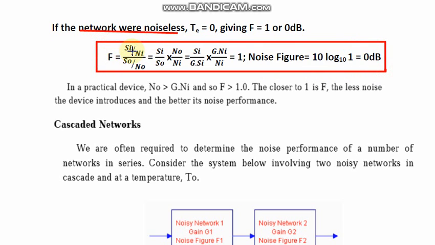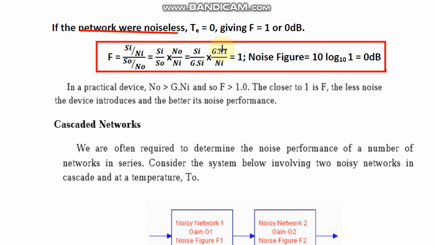F is equal to the signal to noise ratio at the input divided by the signal to noise ratio at the output. If you convert this division sign to multiplication, you will get this formula, and as in an amplifier, the output signal S0 is gain times the input signal. So in place of S0 you put G into Si, and similarly the output noise power will become G multiplied by Ni, meaning gain times the input noise.